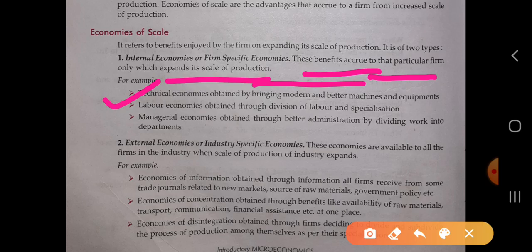Next is labor economies, when the labor benefits are obtained through the division of labor and specialization.